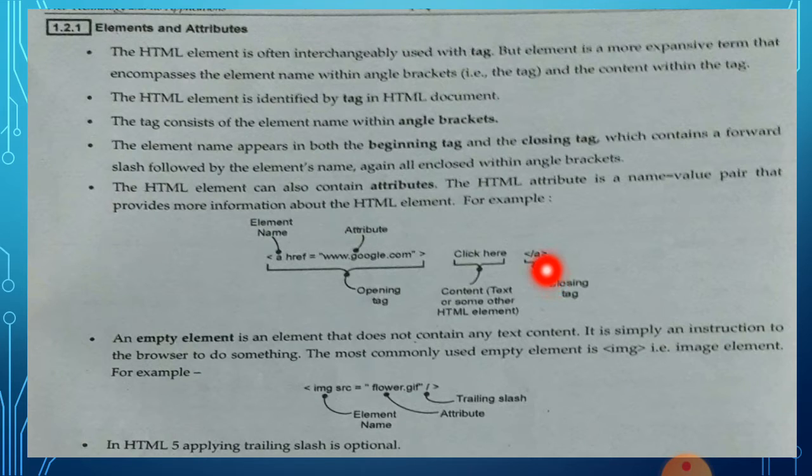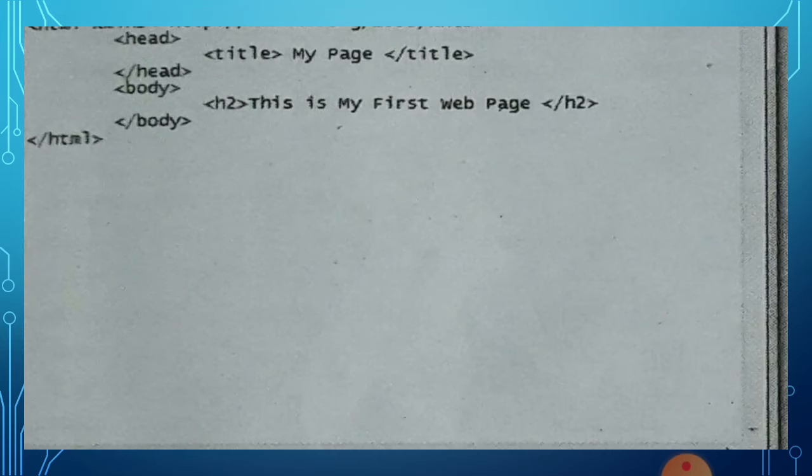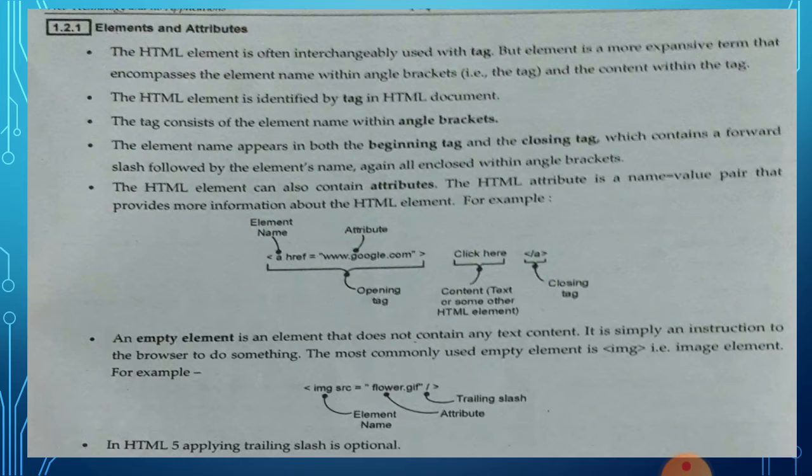The element name should appear in both the beginning tag and the closing tag. Here also you can see the body opening tag and the body closing tag. Body is an element name, so it appears in both the opening tag and the closing tag.